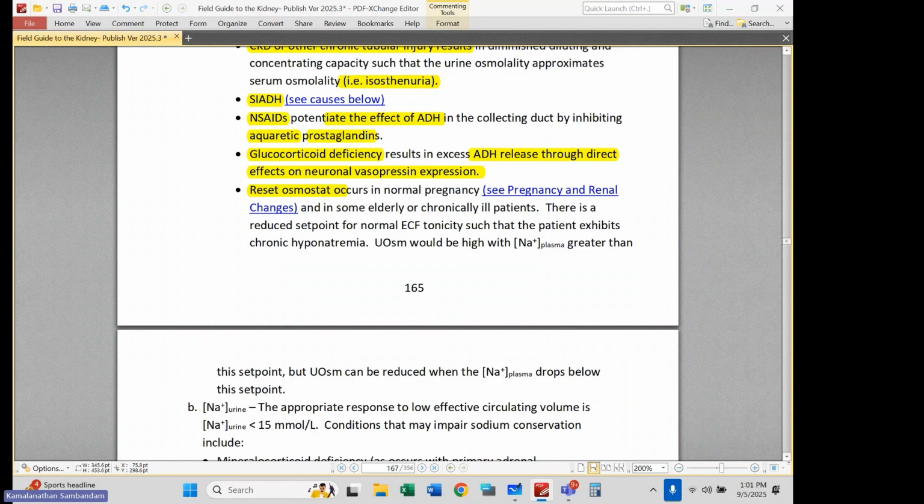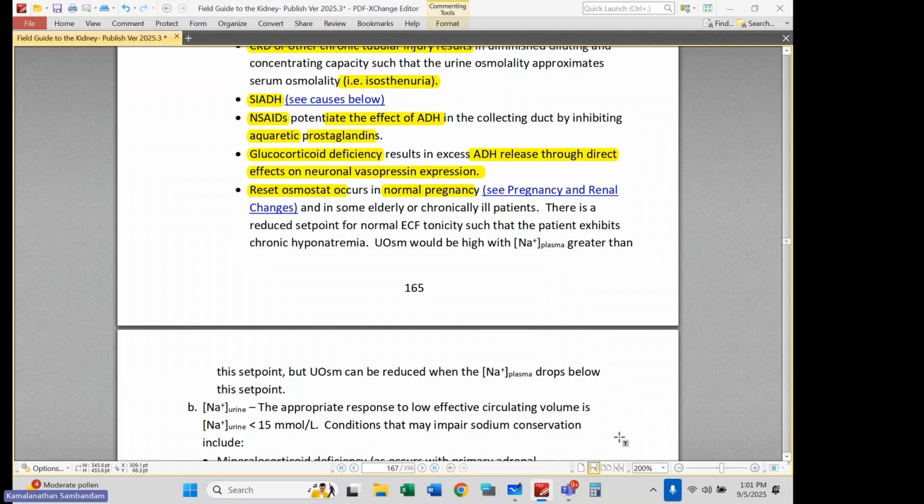Some people just classify it as such. There are a variety of causes of reset osmostat. Normal pregnancy is a classic, very common cause of reset osmostat. Remember what reset osmostat is? It's that I can dilute, I can concentrate, just like you dilute and concentrate.